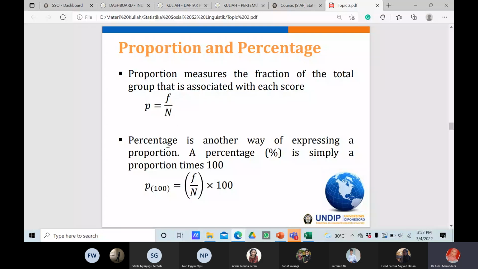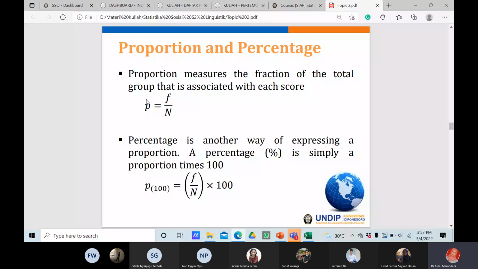And the second definition, percentage, is another way of expressing a proportion. A percentage is simply a proportion times 100, with the notation P100 equal to F divided by N times 100.